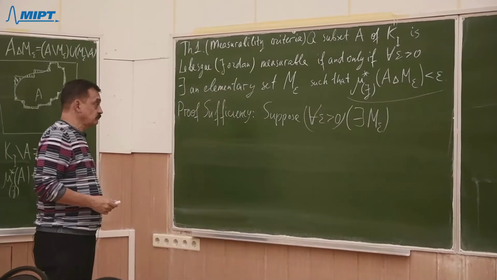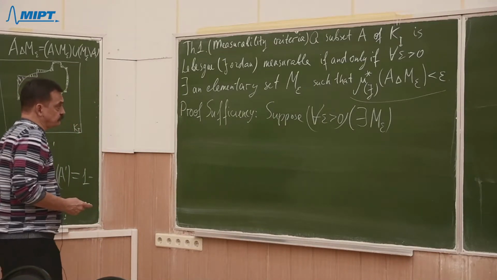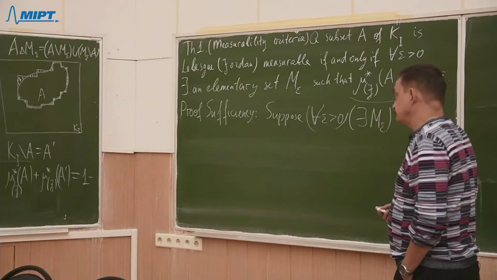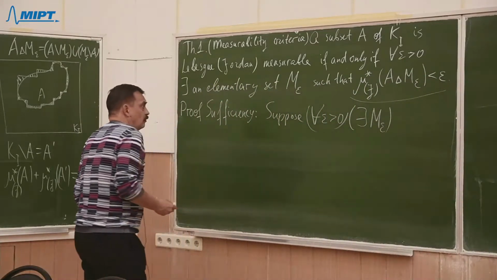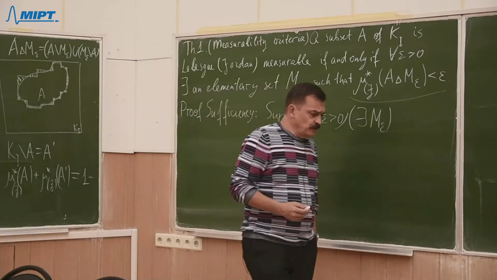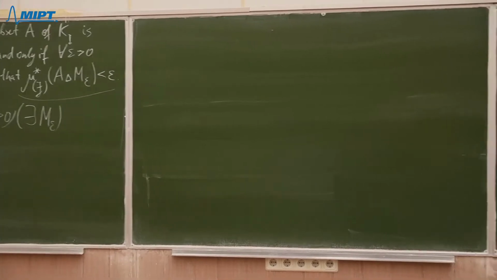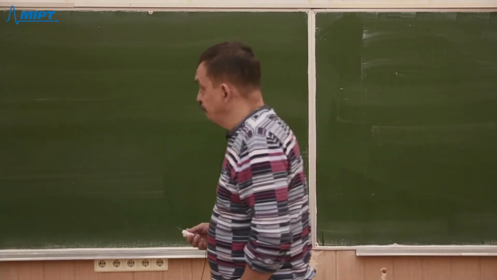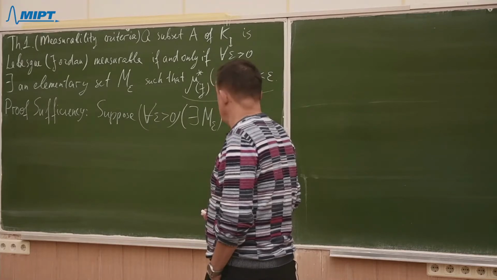How will we prove it? We'll prove it by covering our set A by something and also A prime by something. And what is this something?